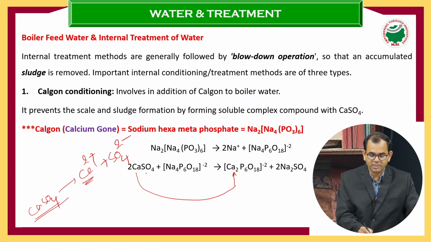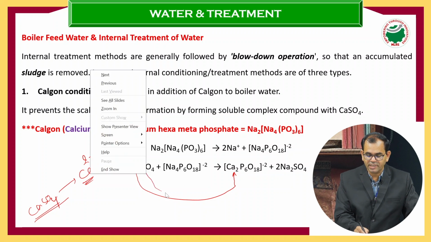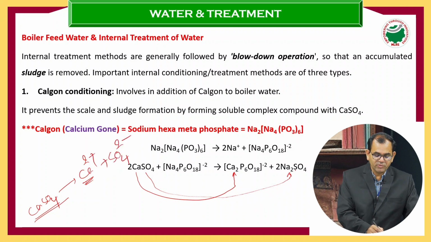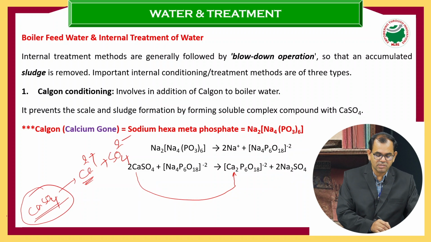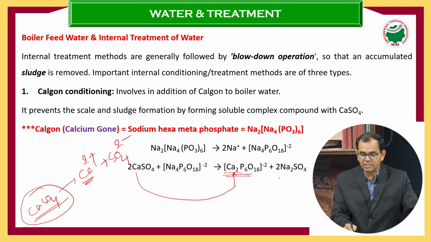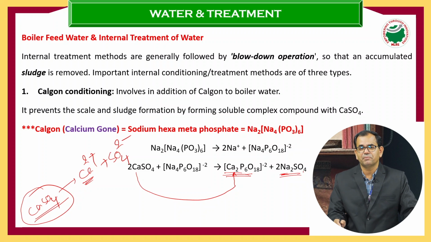The sulfate group will interact with sodium, giving the byproduct sodium sulfate. So the permanent hardness causing salt, calcium sulfate, interacted with the phosphate group to form calcium phosphate, and the sulfate group interacted with sodium to form the sodium sulfate byproduct.